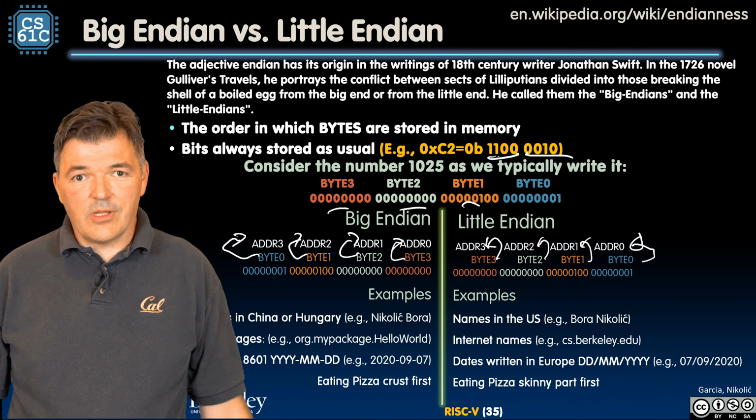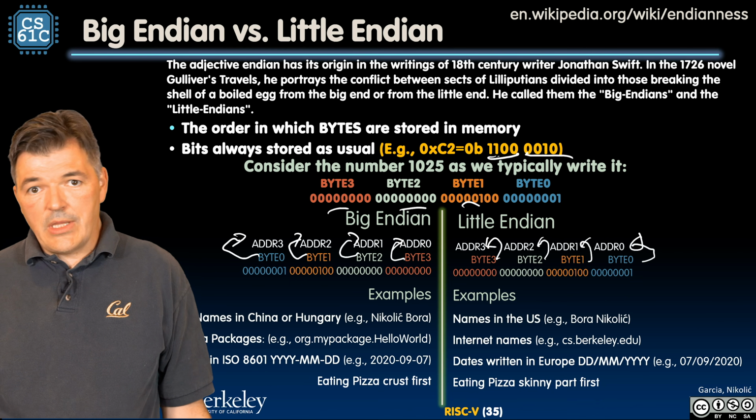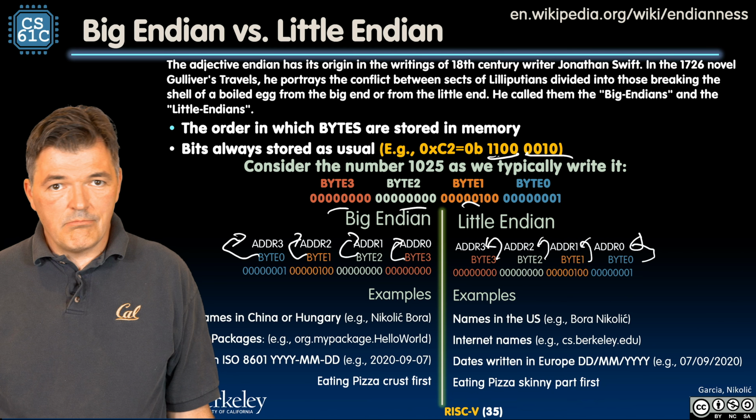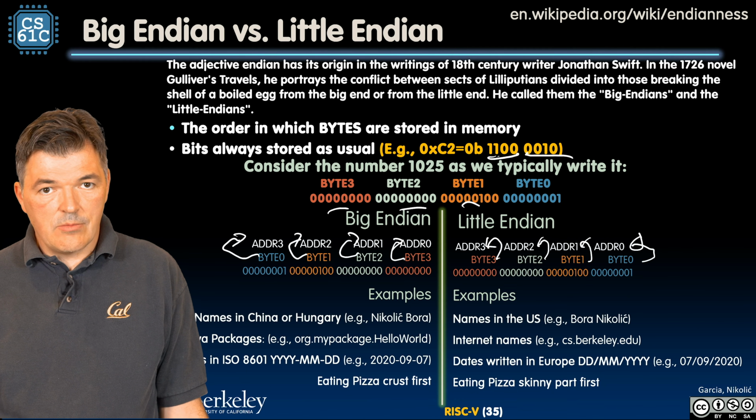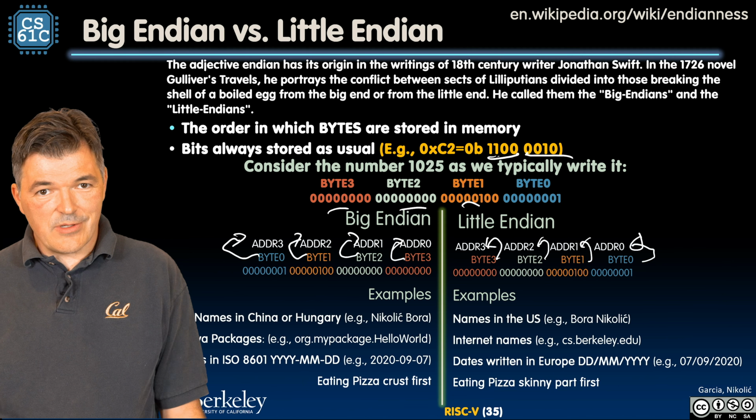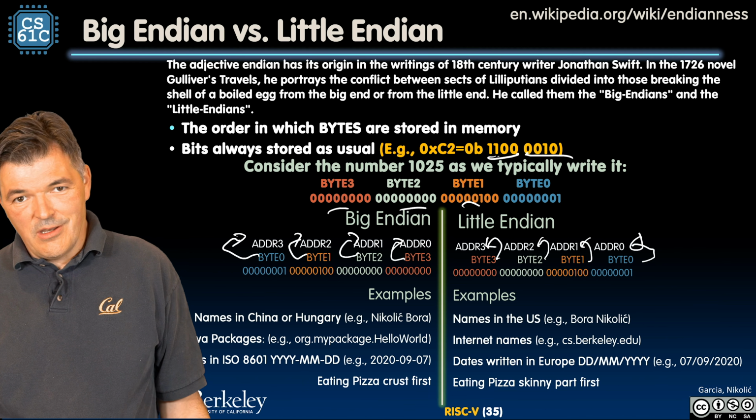It exists in the real world. For example, my name in the majority of the world and in the US is written as Borivoje Nikolic. My first name first, then my last name second.